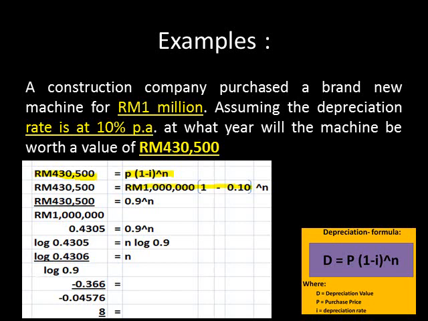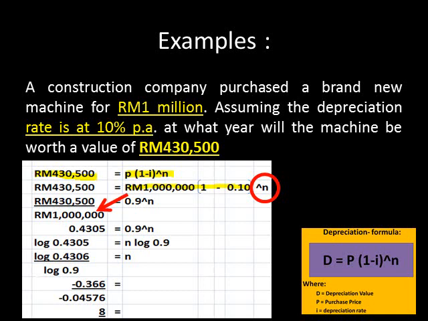So divide log 0.4305 by log 0.9, and it will equal 8 years. This is the situation whereby we want to find N, the years, because it is not given.